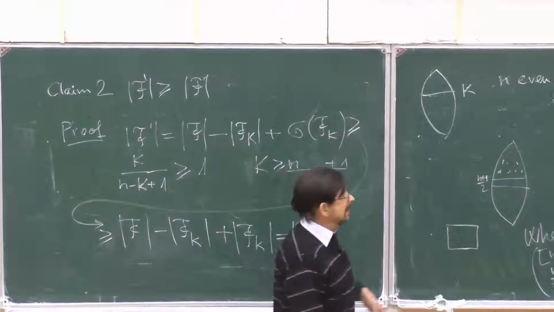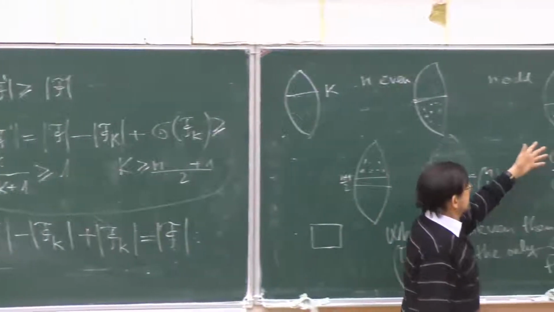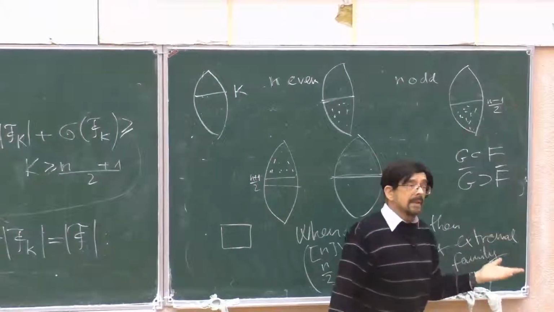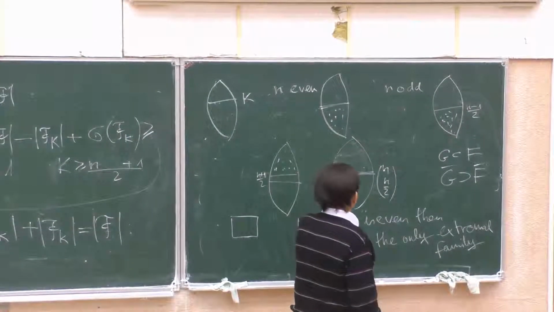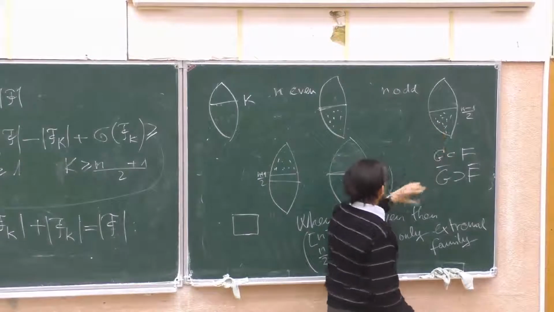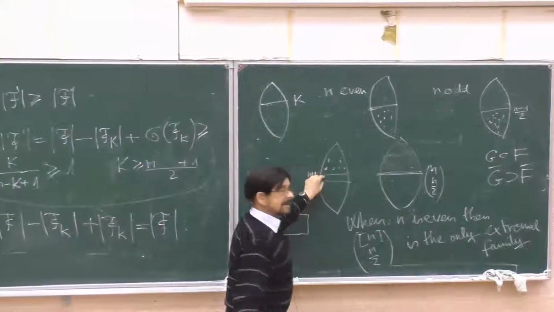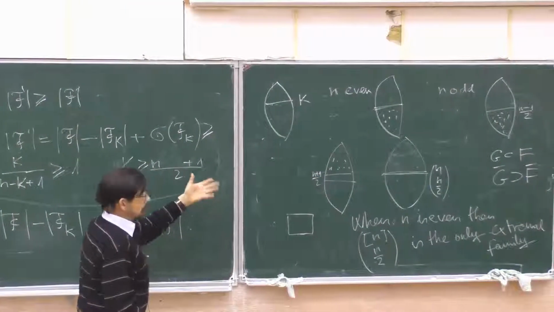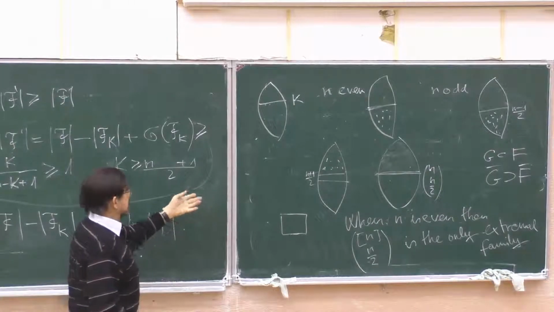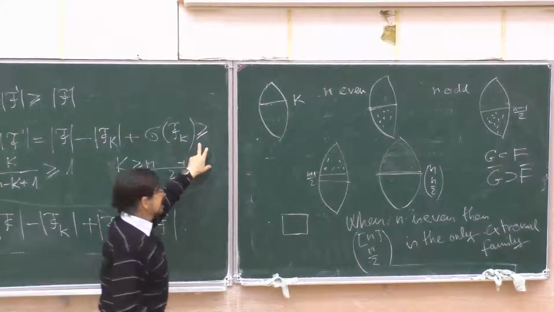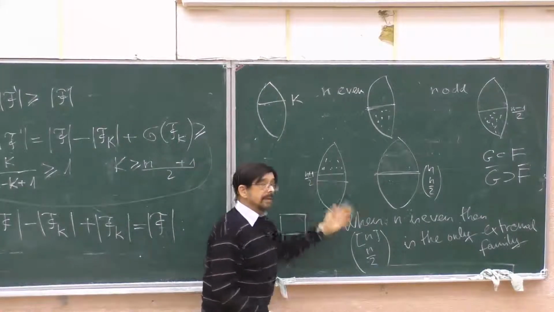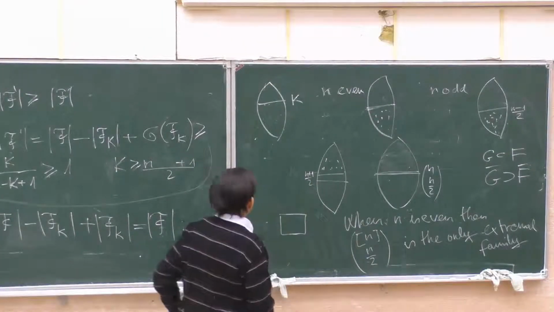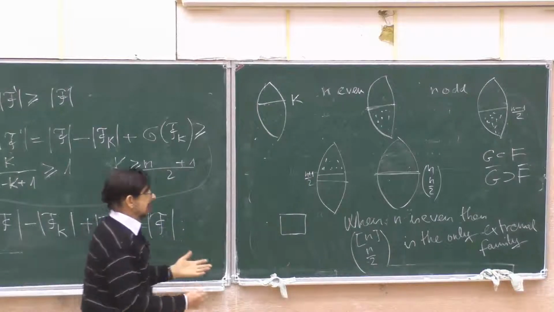In the case when n is odd, then this cannot be said, because between the two middle levels, you get the same number. So we have an equality actually in this. So we cannot say that it's bigger.